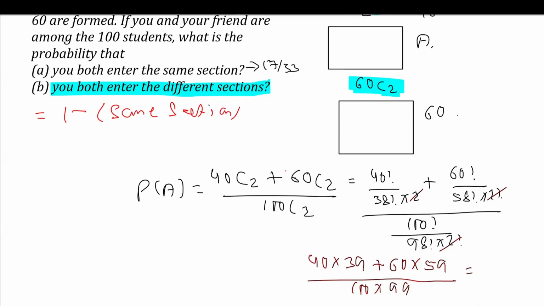That is for this part B. So it should be 1 minus 17 over 33. 33 minus 17 is 16, so it should be 16 over 33. This will be the answer for the second part, that is 16 over 33.